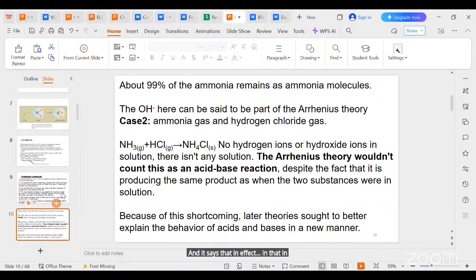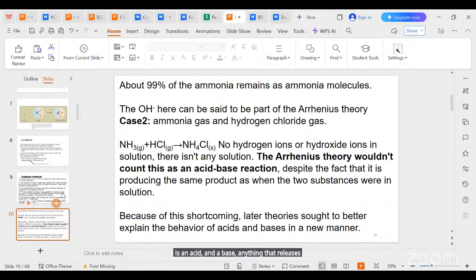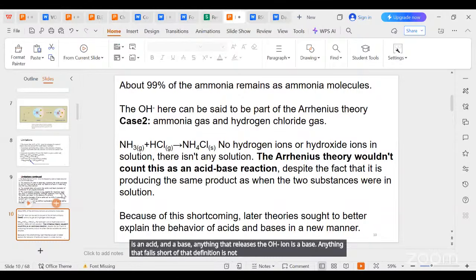This hydrogen ion usually reacts with a water molecule to form the hydronium ion. Anything that can release a hydrogen ion that will react with water to form the hydronium ion is an acid, and a base is anything that releases the OH minus ion. Anything that falls short of that definition is not an acid, according to the Arrhenius theory.